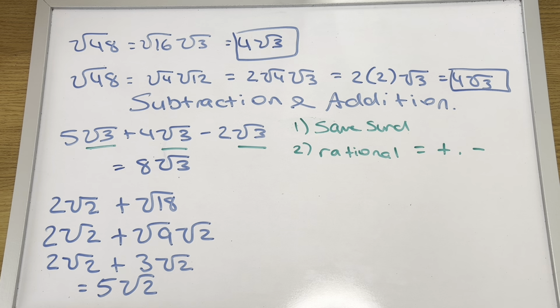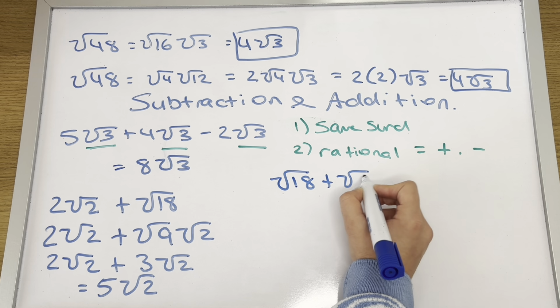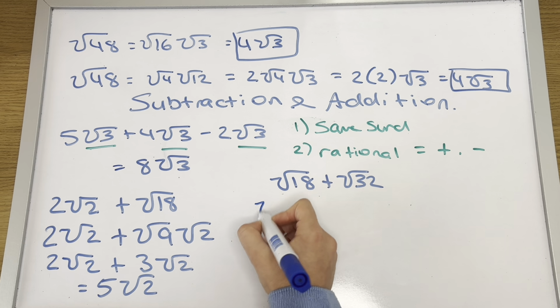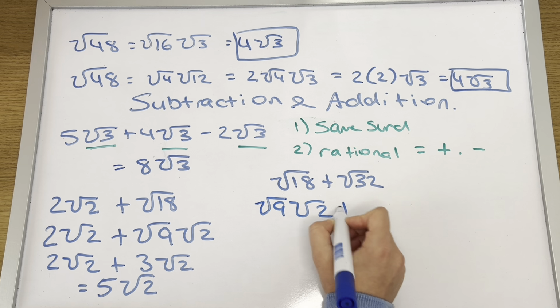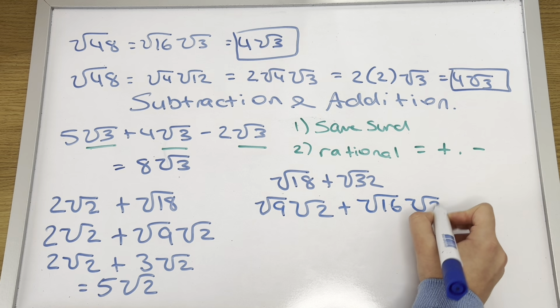Now if we were to make things a little bit more difficult, let's say we have the surd of 18 plus surd of 32. The more you do this, the more you realize that you're just doing the same thing over and over again. In the last question we had the surd of 18, and we use the two multiples of 9 and 2, and the same goes here. Same applies for the surd of 32, which will be 16 and 2.